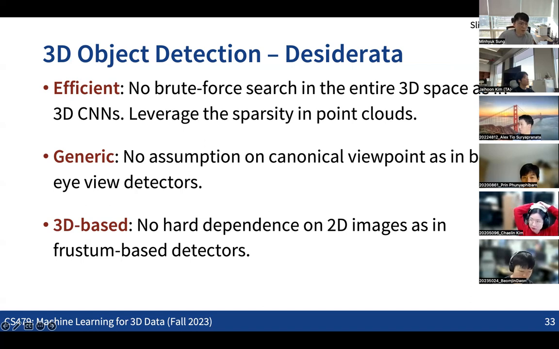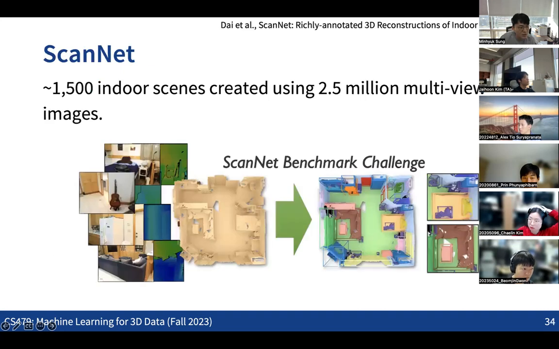For that, once we make any architecture for 3D object detection, obviously we need a benchmark to assess the quality of the segmentation. For 3D object detection and segmentation, a very typical benchmark that many people use is ScanNet.